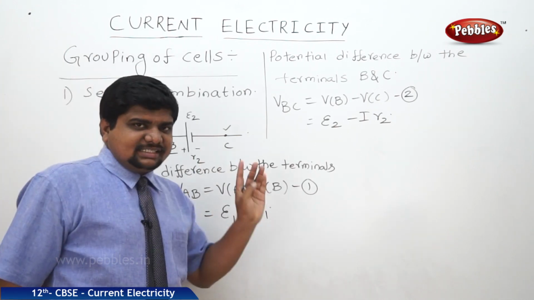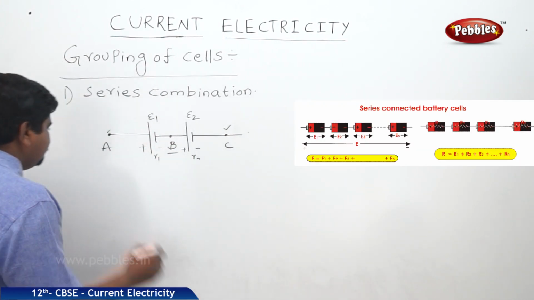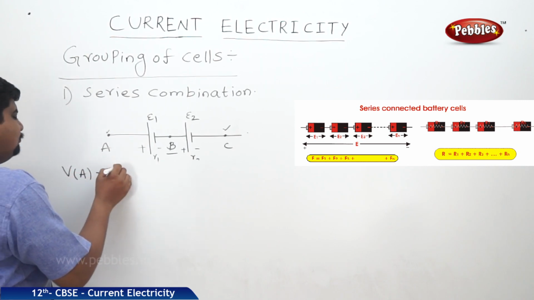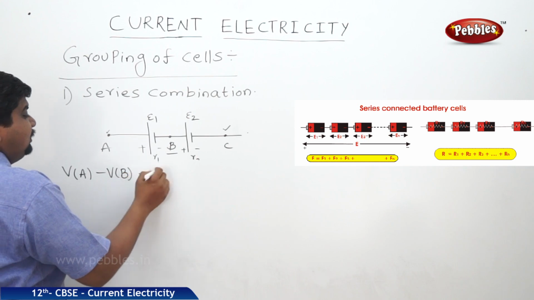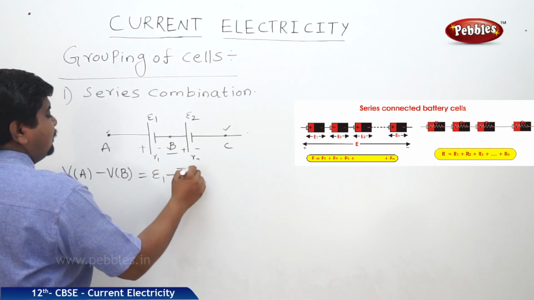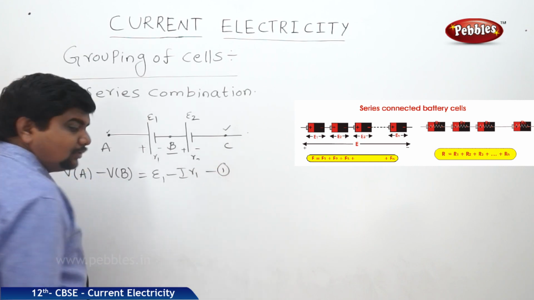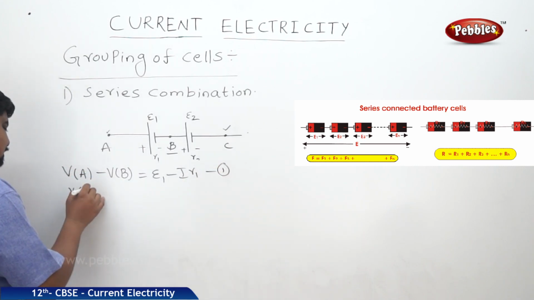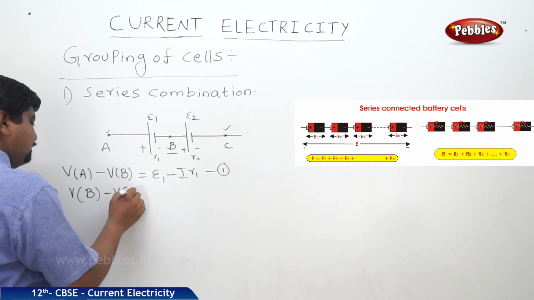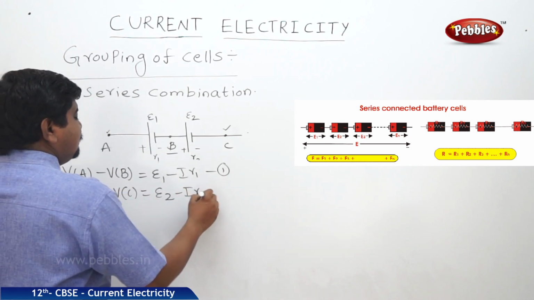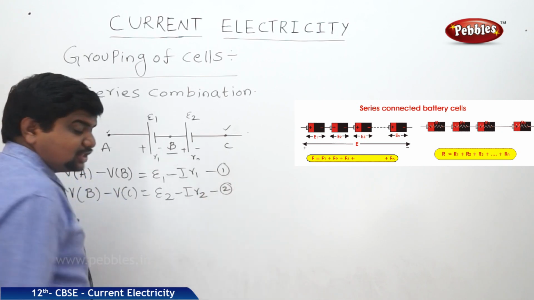Now we will see the result. VA minus VB is E1 minus IR1. Let us say this is equation 1. Similarly, VB minus VC is equal to E2 minus IR2. Let us say this is equation 2.